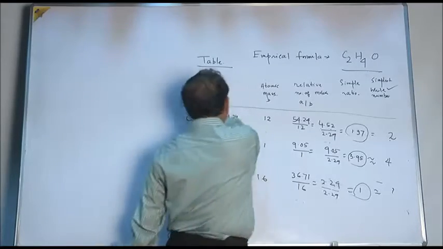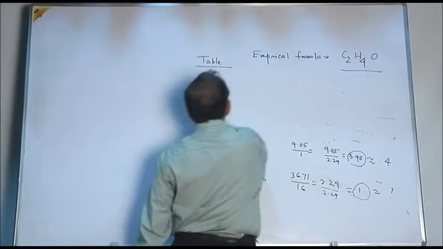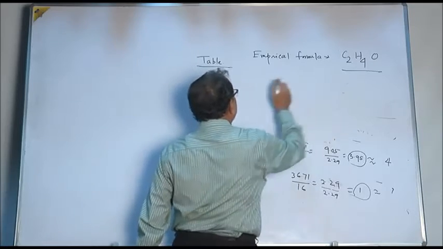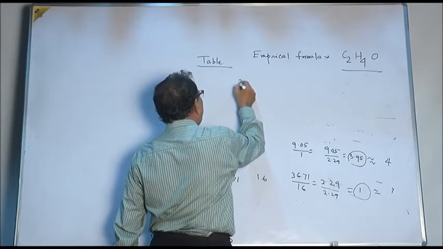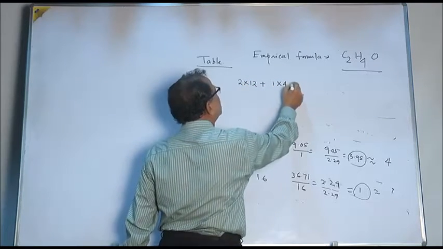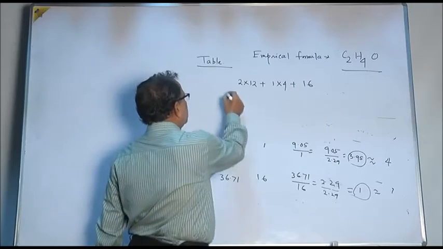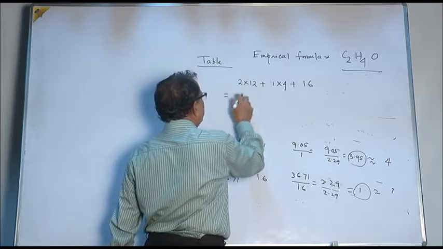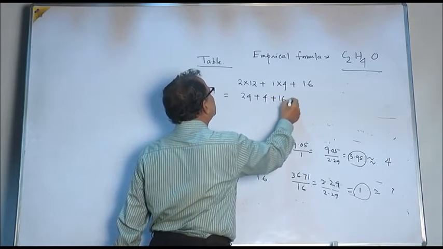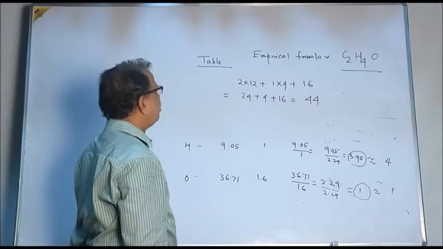Then another question: the molecular mass is 88. The empirical formula mass will be C2, that is 2 into 12, plus 1 into 4, plus oxygen 16. This is 24 plus 4 plus 16, which is 44. So the empirical mass is 44.